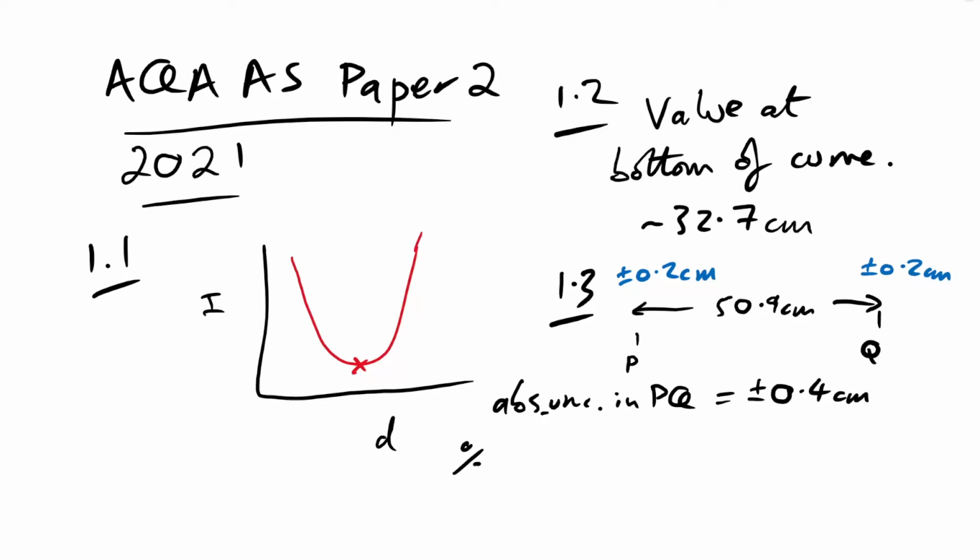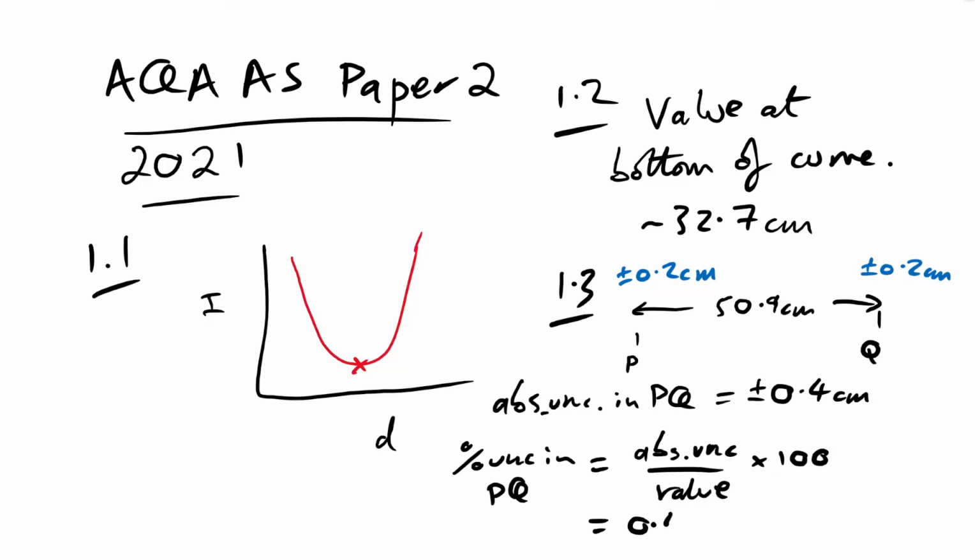We're looking for the percentage uncertainty in PQ. Any percentage uncertainty is the actual or absolute uncertainty divided by the value, and then times it by 100 to turn it into a percentage. So there's going to be 0.4 divided by 50.9 times 100, which is the same as just saying 40 divided by 50.9. So we should end up with an answer that is less than 1%.